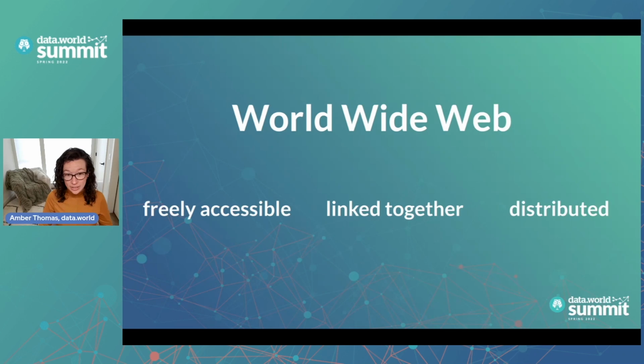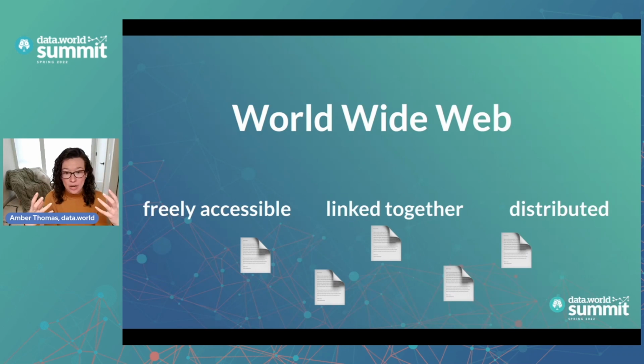There's only one unique address for websites on the internet, and they work for everyone in the same way. So that really allows the web to have created this network of documents, again, often referred to as web pages or websites, that are, for the most part, freely accessible, linked together, and distributed across the world.